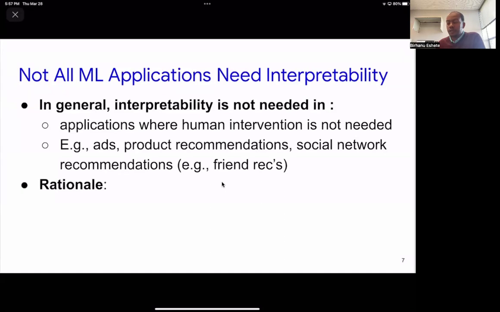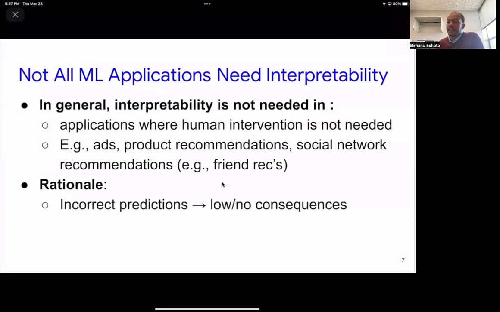But we also have to keep in mind the rationale behind not needing any interpretability for this kind of model: if the model gets some things wrong, for example, some advertisements are targeted the wrong way, or product recommendations don't really match your preferences or your future interests, or the social network platform is recommending, let's say, a person that you don't want to be friended with, that is fine.